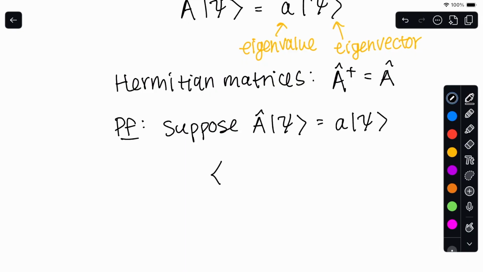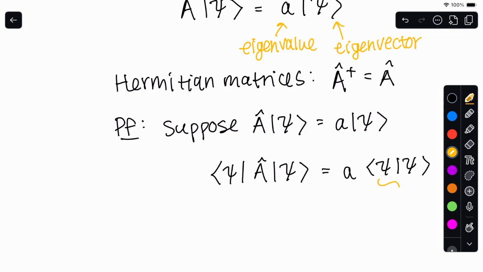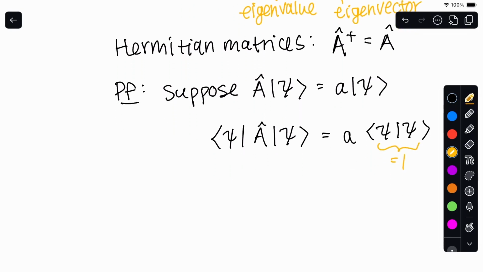Then we can imagine taking a bra and pre-multiplying. And a scalar factor can just pass through. So this would just be a psi psi, but this is going to be 1. So it's just a. And we can take the dagger of this entire thing, or I guess the complex conjugate.